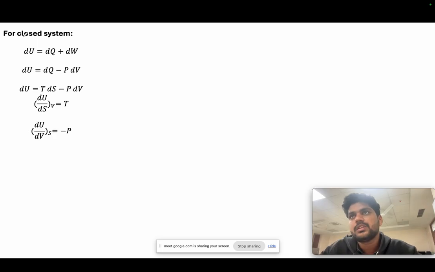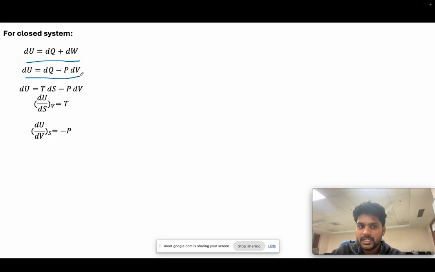This is for a closed system. A closed system means the mass has not changed, only energy is transferred. That's why dU equals dQ plus dW, or from the work convention, dU equals dQ minus dW. As we discussed in the last class, the first law of thermodynamics deals with the internal energy, and the second law of thermodynamics deals with the entropy.